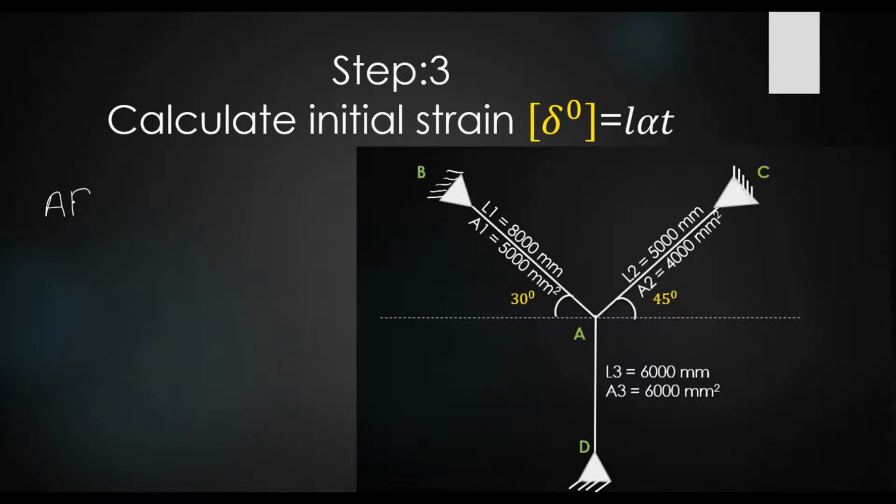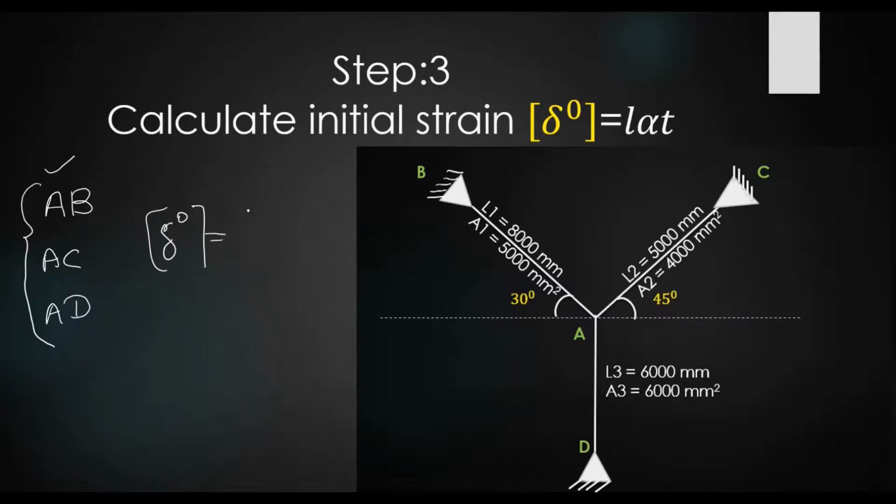As I said before, in lack of fit also, when we take each member separately in order to find out any matrices, the sequence which you have taken in the first step should be kept until the last. So here I am taking AB first, AC second, and AD third. So this is the sequence I am considering the members of the structure. So I have to keep this sequence in all the matrix developments. Okay. So here we have delta 0 matrix, AB, AC and AD.